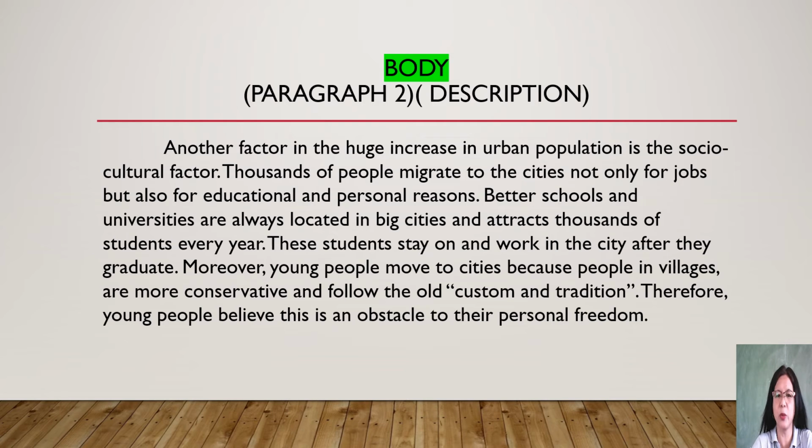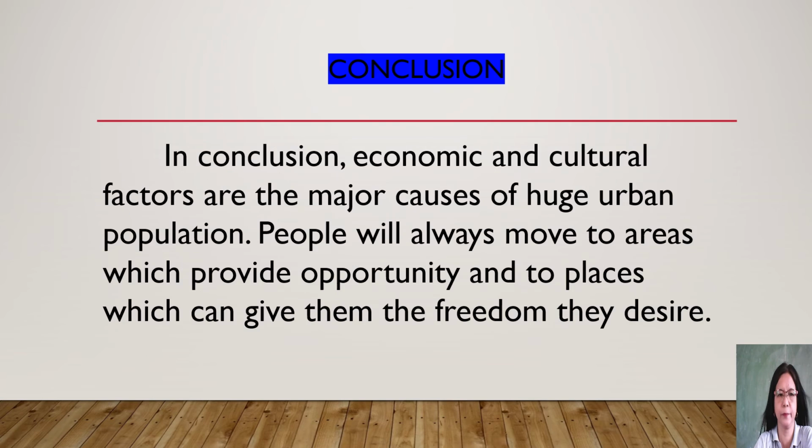In paragraph 2, the writer changes her style from cause and effect. She uses description to explain further the details, the reason why cities are becoming so crowded. The final part is the conclusion. So let's find out how the author concluded the essay.